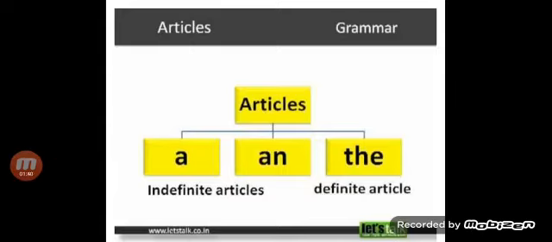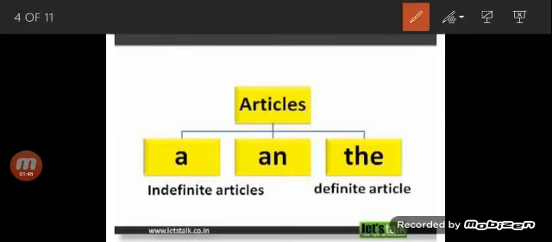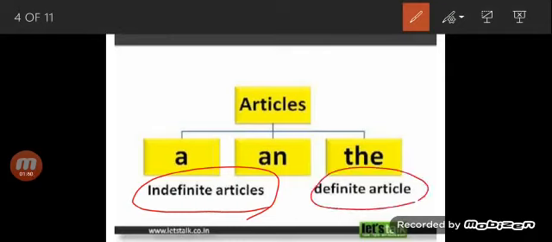Articles are divided into two types, that is definite article and indefinite articles. In definite articles comes the, and indefinite articles are a and an.